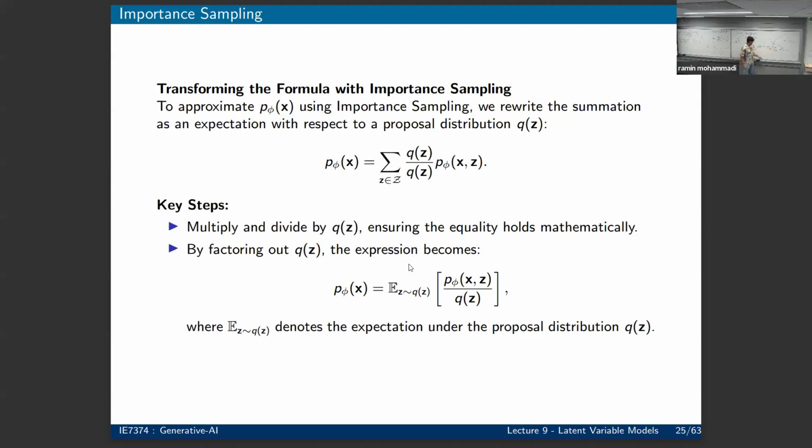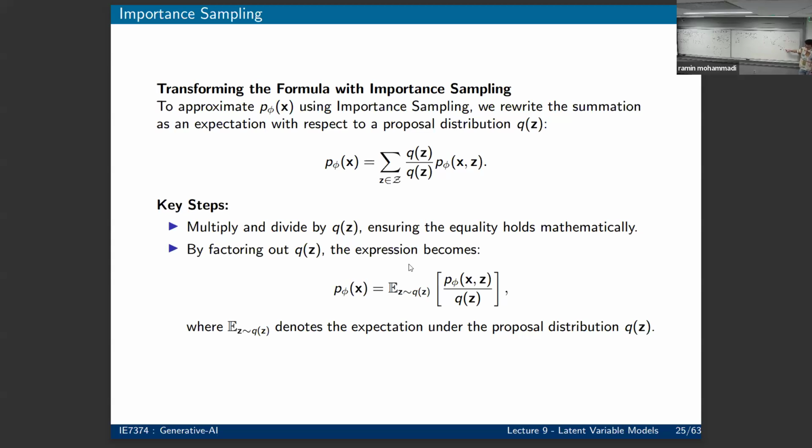In order to answer this question, what is the probability of X for the data point? In reality, there is a Z, but I don't know it. I would need to sample a lot from that. Instead of doing that, you come up with this Q, a proposal distribution, and you say that I'm only going to sample Z from here.